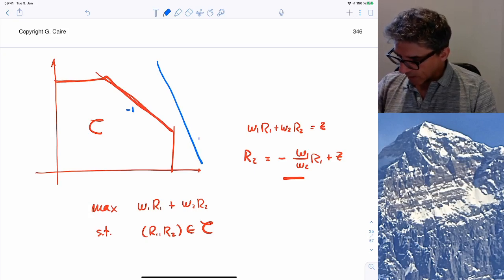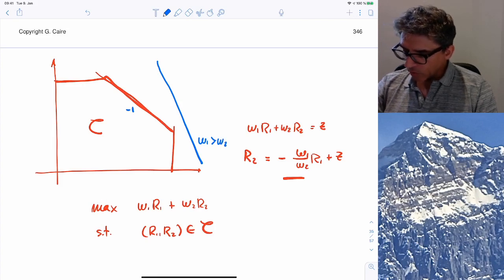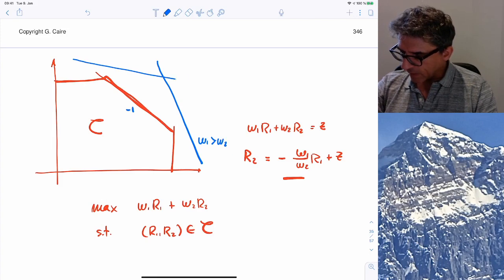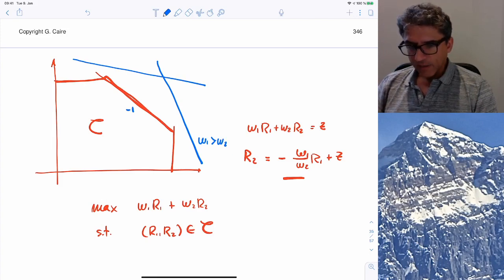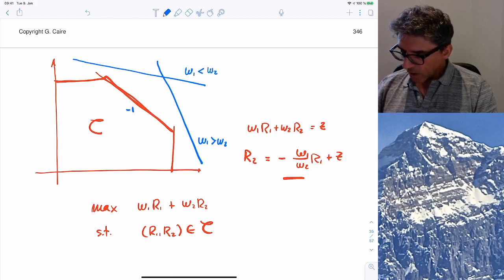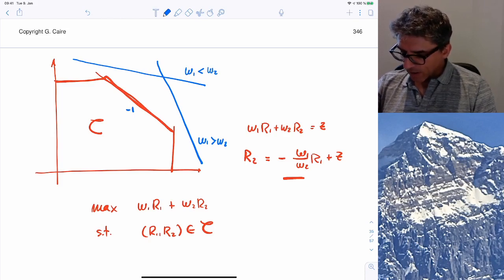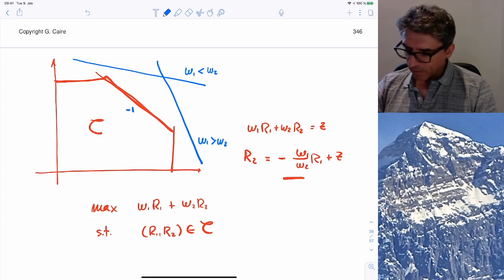So this is the case W1 greater than W2. If W1 is smaller than W2, the slope is negative, but it is less negative than -1, and so this is the case W1 smaller than W2. Okay, so now you start translating this line. Z is the intercept with respect to the vertical axis here.